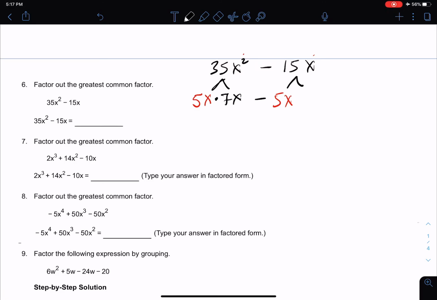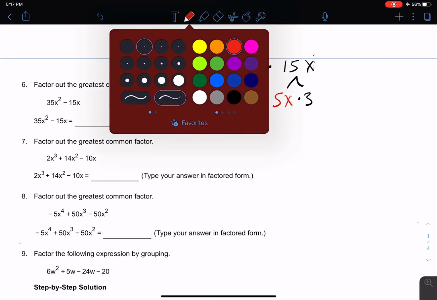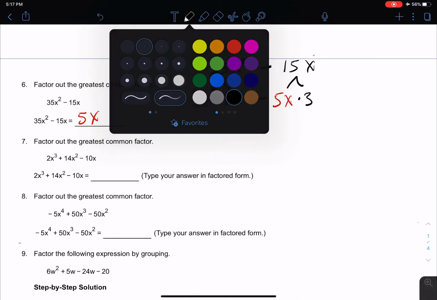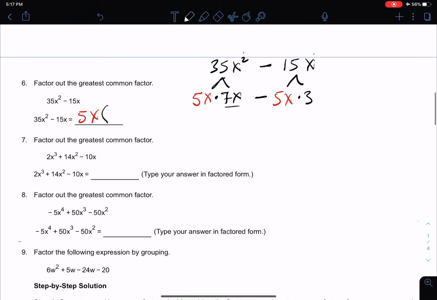Minus, and then 5x times 3 gives me that 15x, and of course our sign is matching up perfectly there. So we factor out our 5x, and we have left in black inside our parentheses 7x minus 3. So 5x times the quantity 7x minus 3.